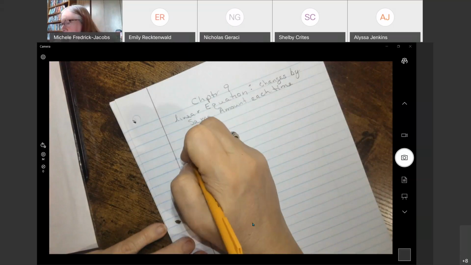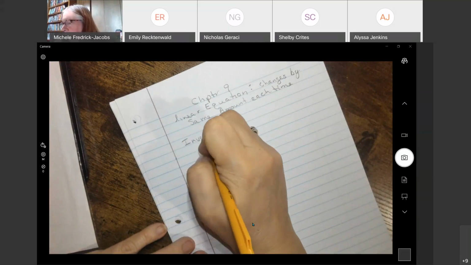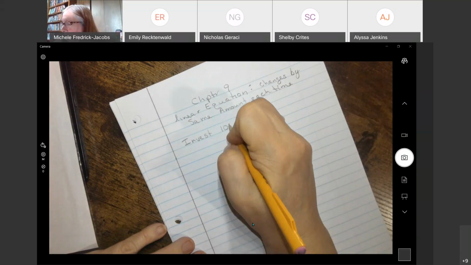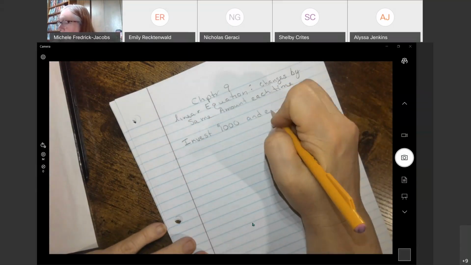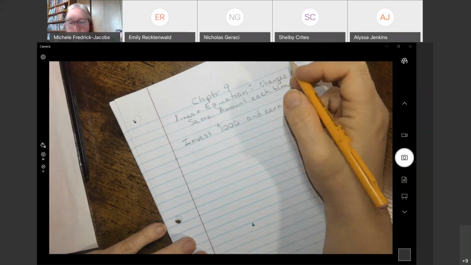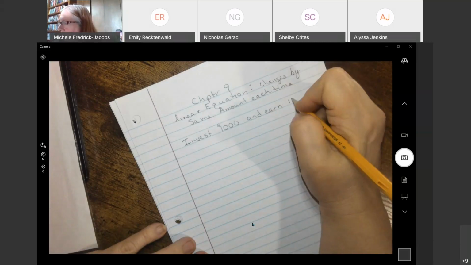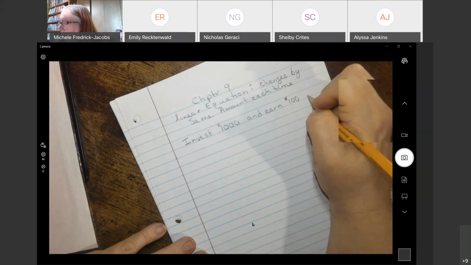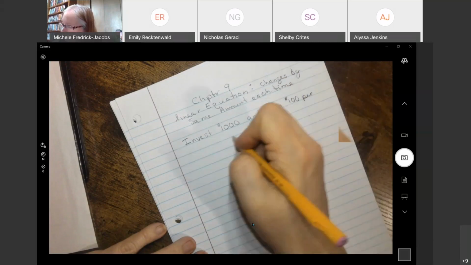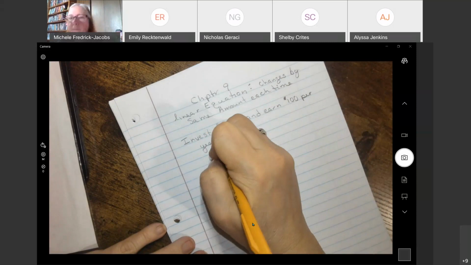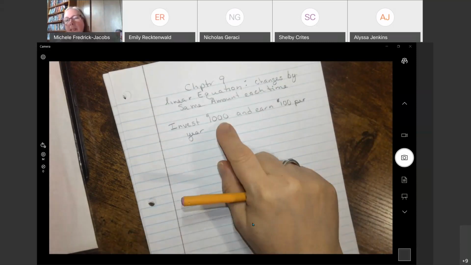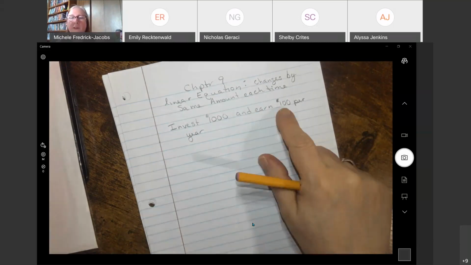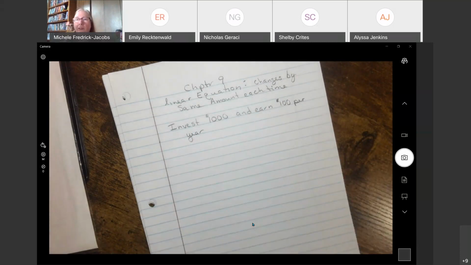So one type of linear: you invest $1,000 and you earn $100 per year. So each year you're earning the same amount.